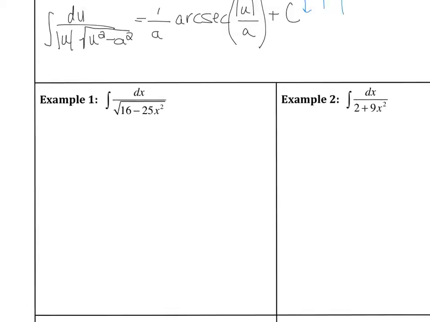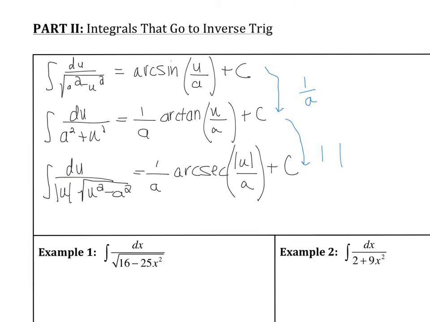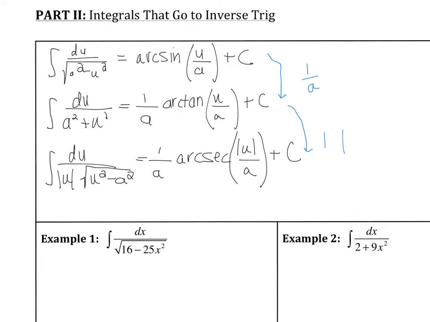If we look back up here, what's our u, what's our a? And looking at this format, which of the 3 inverse trigonometric functions does it look like we're dealing with? Well, there's a radical, so it's probably arcsine or arcsecant. But there's no absolute value term in front of the radical, so it's probably an arcsine.